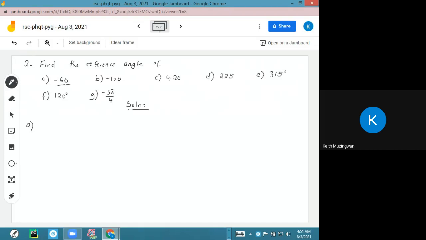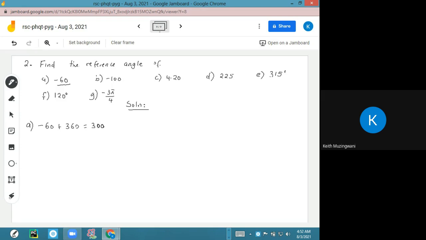And since they share the same properties, when you're looking for a reference angle of a negative number, you first get its coterminal angle. So if we add here, we'll get 300. We get a coterminal angle that is between 0 and 360. Now 300 and negative 60 behave in the same way since they have the same properties. This means that the reference angle of negative 60 is also a reference angle of 300.